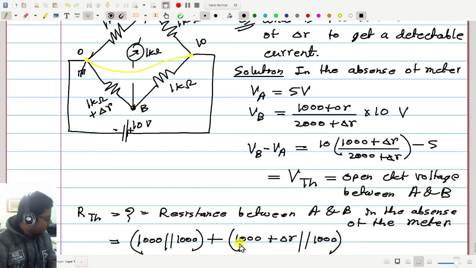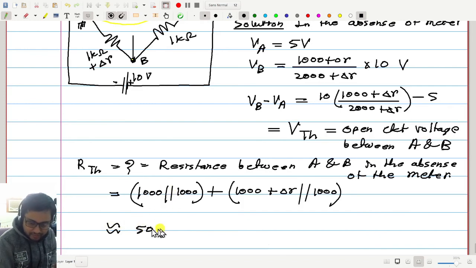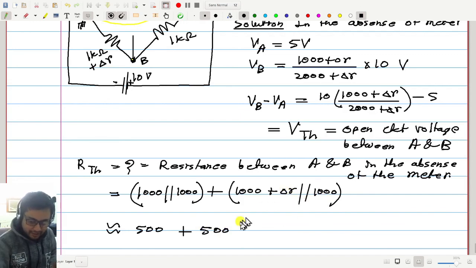Allow me to do a little approximation. This is 500 plus, so 1000 plus a little number parallel 1000 will also be 500. I'm ignoring this little delta R. Okay, please allow me this.